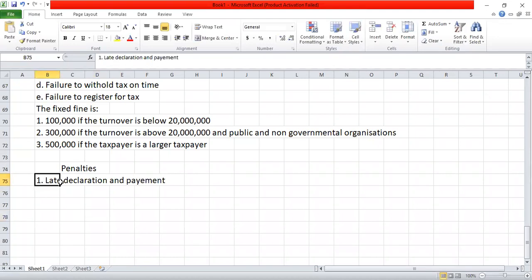In that case, we are saying that if a taxpayer declares late and also pays the tax late.